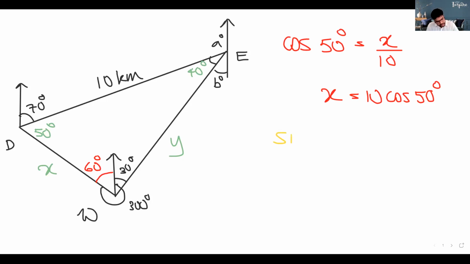You can take sine 40 degrees. Why? If you consider the 40-degree angle as your angle in focus, x is the opposite, and sine is opposite over hypotenuse. So x is equal to 10 sine 40. Children, take your calculators, try 10 cos 50 and 10 sine 40 and check whether your answer is the same.